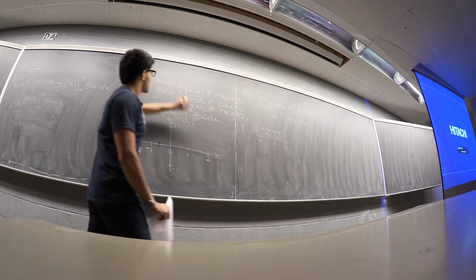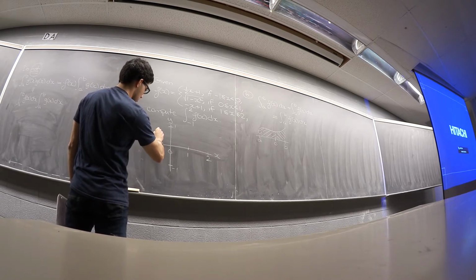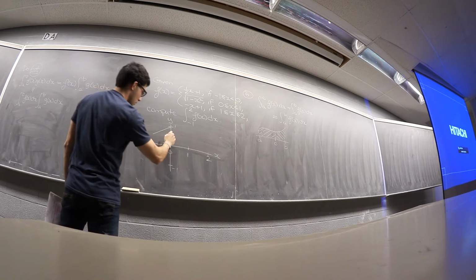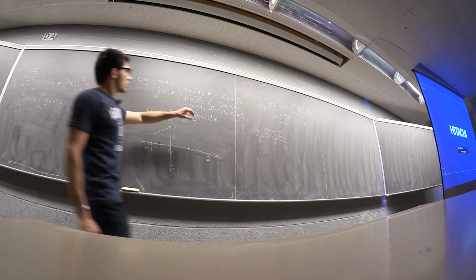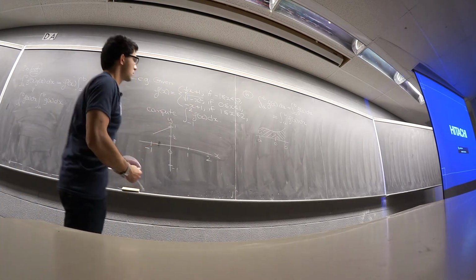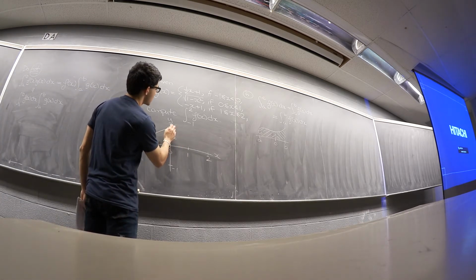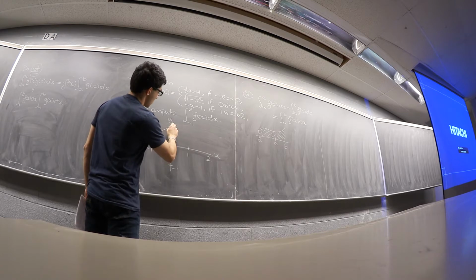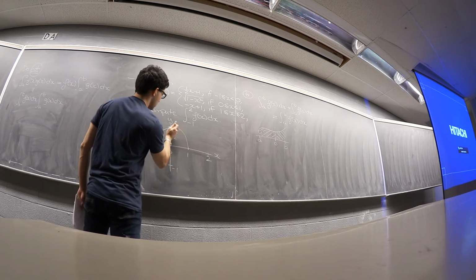Here, slope 1/2, y-intercept 1. Between 0 and 1, that thing is a bit of a circle, a circular arc.